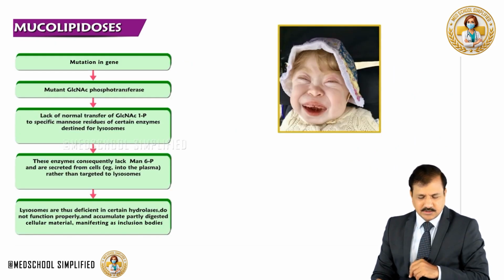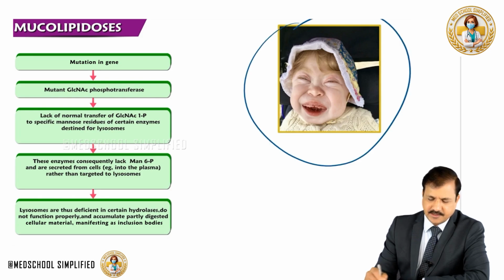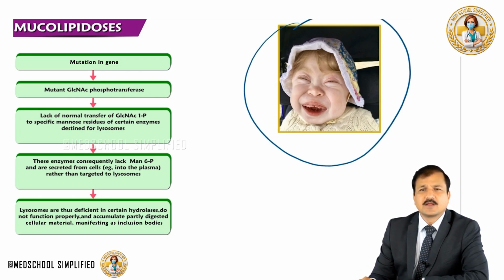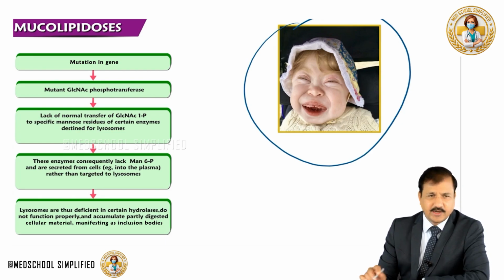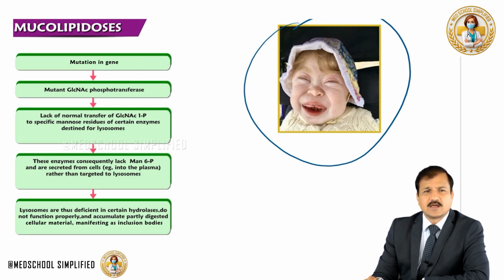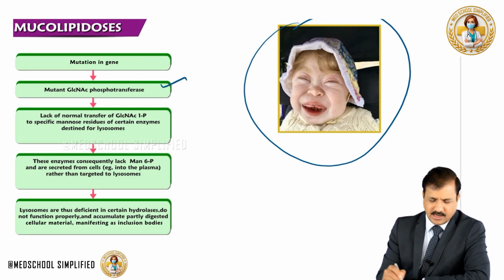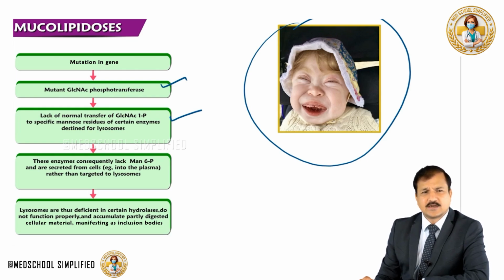So, now coming to the flow chart here. The figure that is given shows the coarse facial features and mutation in the gene coding for GlcNAc phosphotransferase, and mutant GlcNAc phosphotransferase giving rise to lack of normal transfer of lysosomal enzymes into the lysosome, so the targeting is not there.